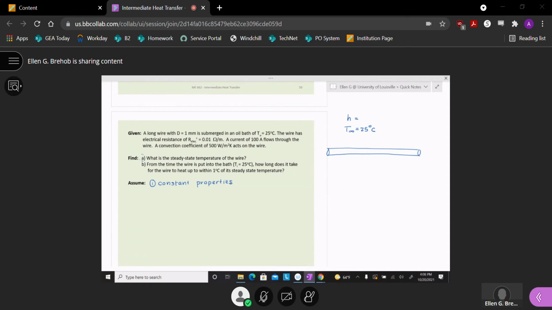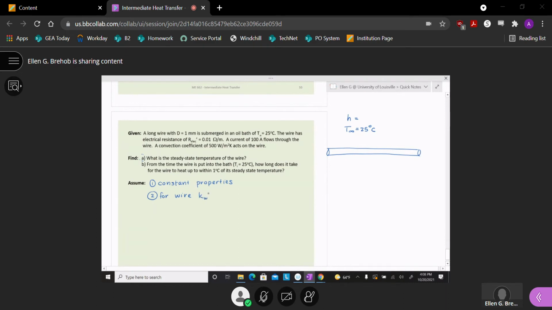Okay, I do need to tell you the properties for this wire. Well, really I had it up here with constant properties, but I already had started this.